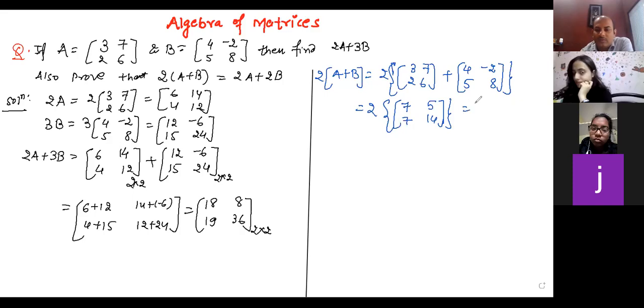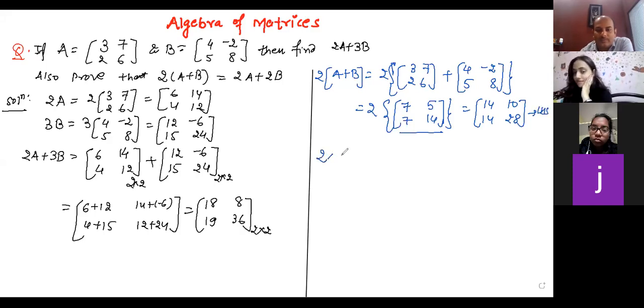Now this resultant has to be multiplied with the scalar quantity 2, so I am getting 14, 10, 14 and 28. This is my LHS.